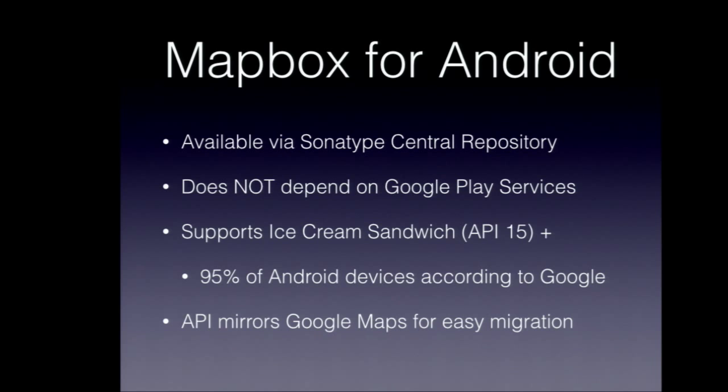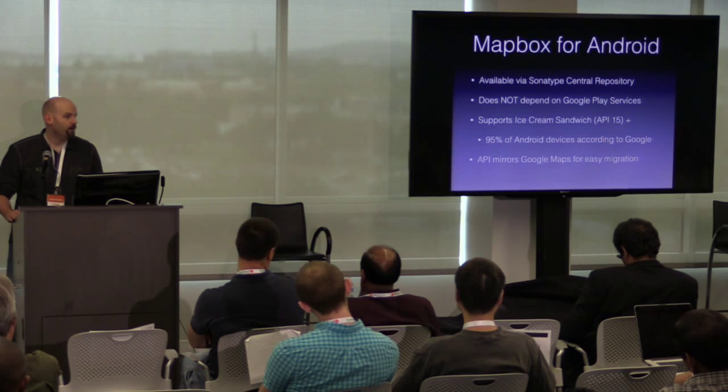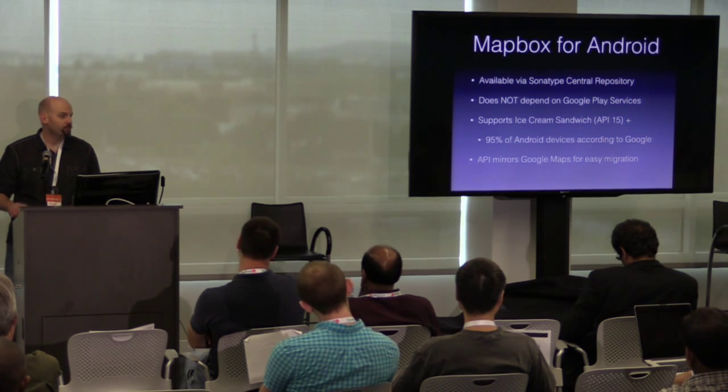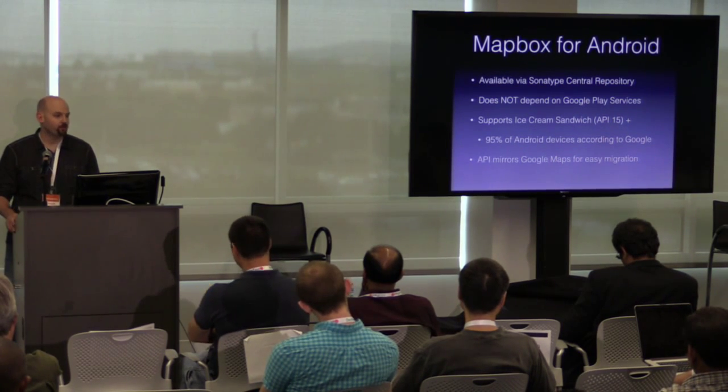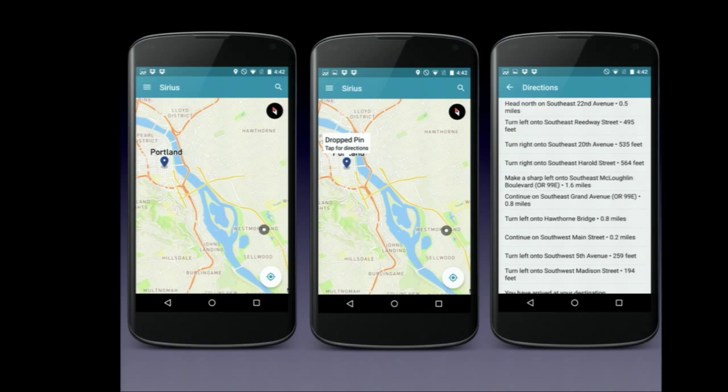So as far as APIs, again, it mirrors Google Maps. If you're coming from the Android world and you're used to using Google Maps, you should be right at home trying out Mapbox Maps. It uses the same API naming conventions and whatnot. And there it is, actually running on an Android emulator.